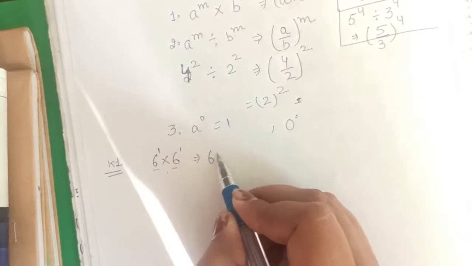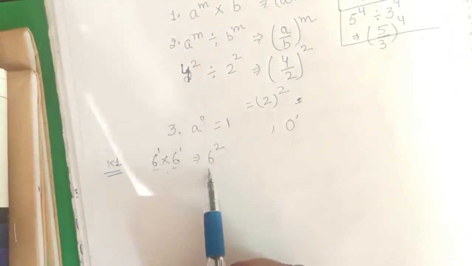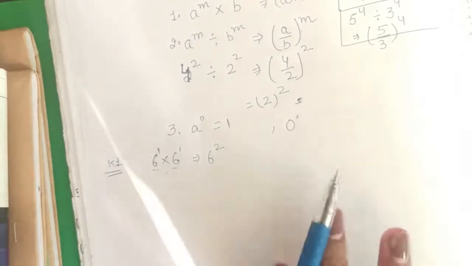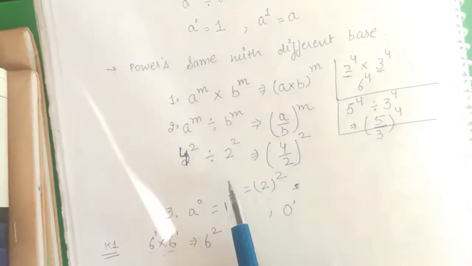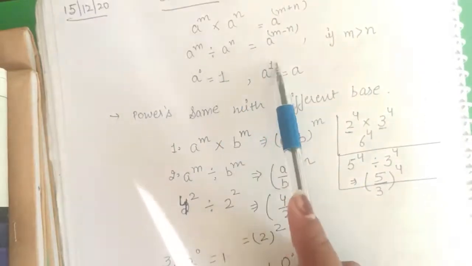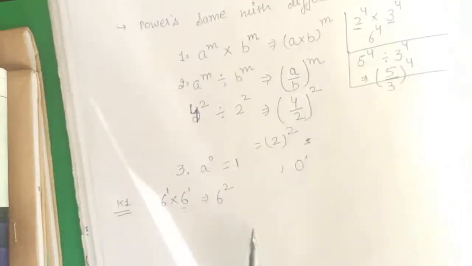So your answer is 6 to the power 2. When the base is same, we will add the powers, right? So students, don't do exercise 14.3 only on one of these laws, because this is a combination of both the laws. This one when base is same and this one when the powers are same, right?